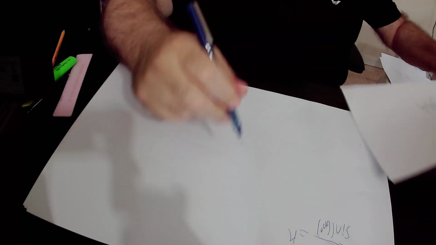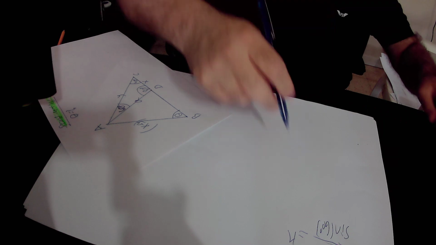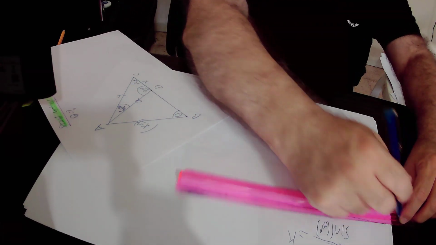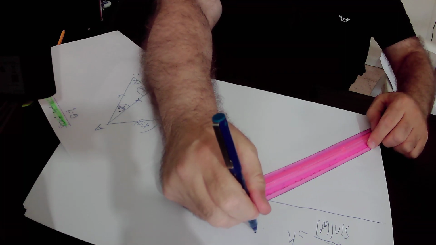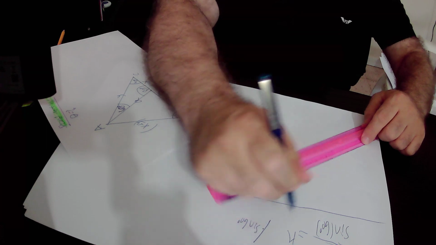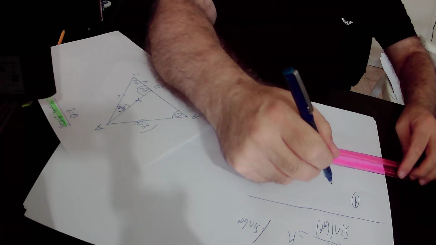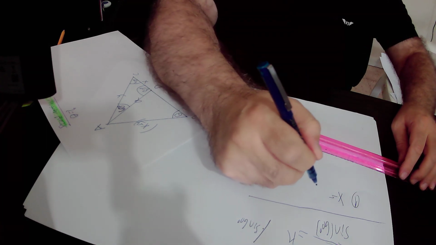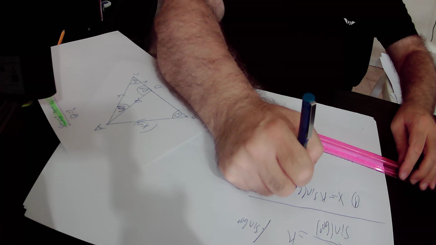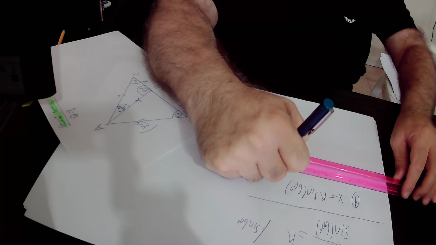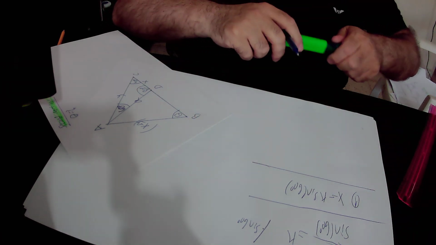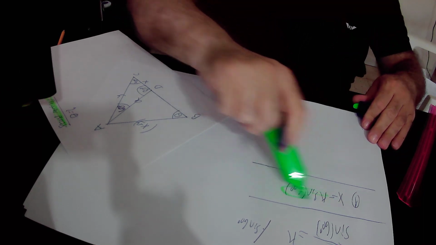Here we will multiply this equation number 1 by sine 60 degrees, and we get that x equals k times sine 60 degrees. Okay, x equals k times sine 60 degrees. Found out the value of x.